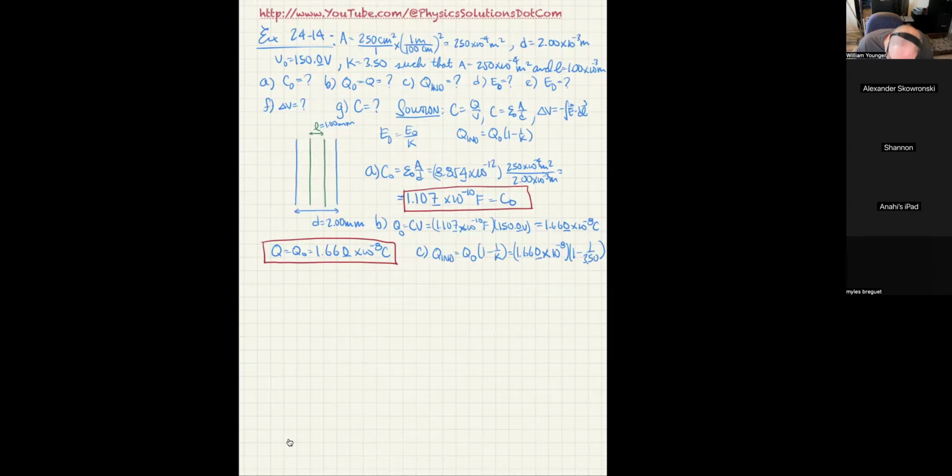Okay, so in this case, I get the induced charge, which is the charge on the face of the dielectric. After we put it in there, that's what it becomes.